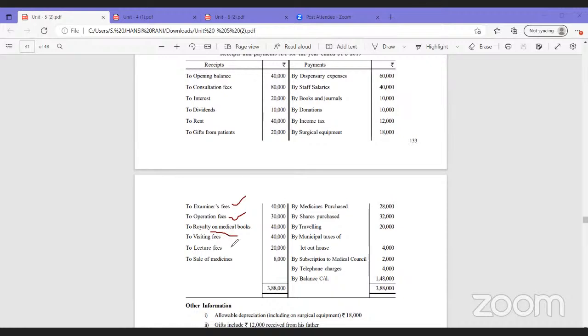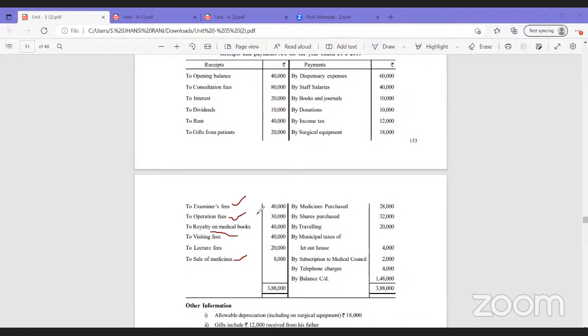Next, we have lecture fee. He's a doctor; he will give lectures to the MBBS students, so it is also lecture fees. Next, sale of medicines. Yes, it is also related, as he gives medicines to his patients. Madam, should lecture fee not be taken? No, it depends on the situation.